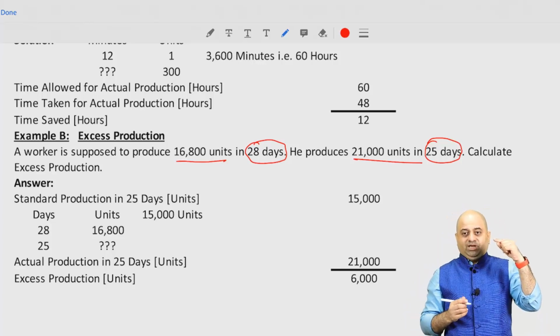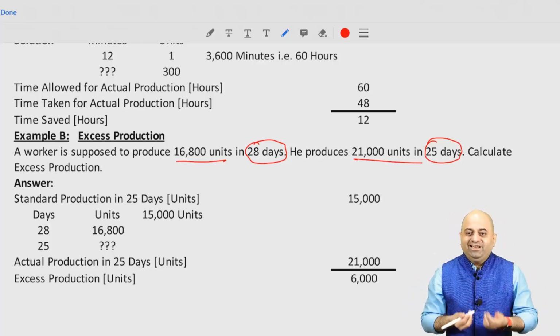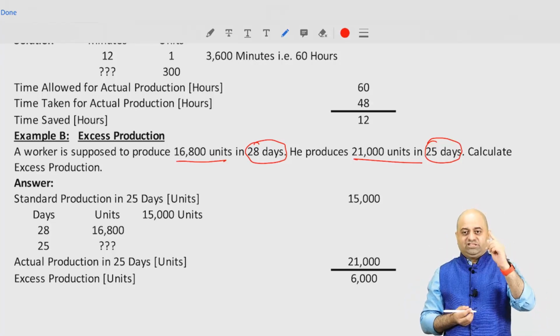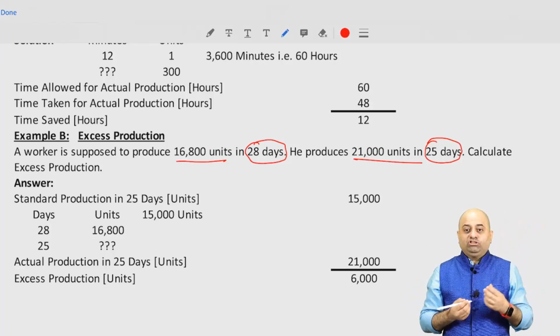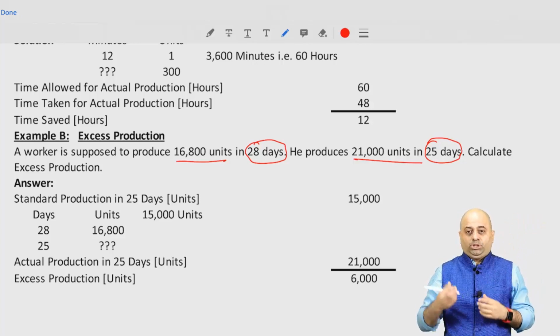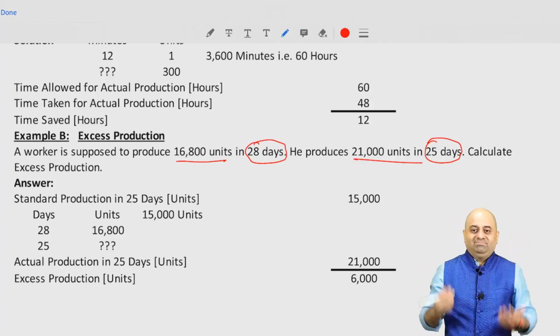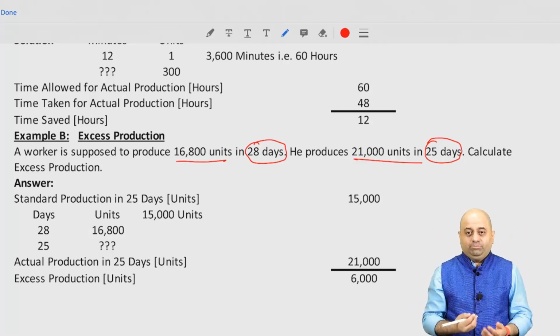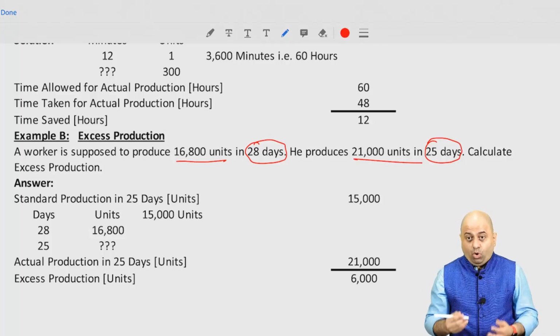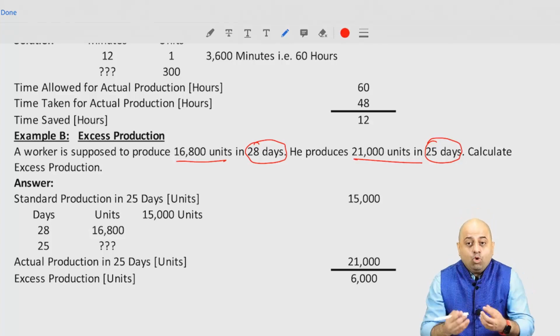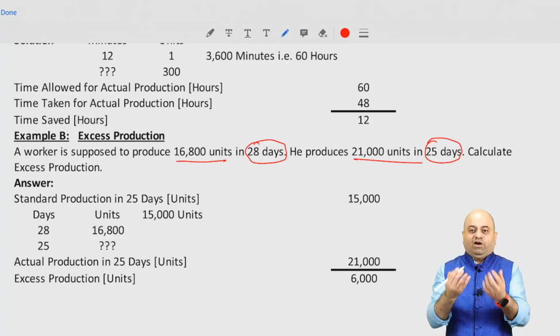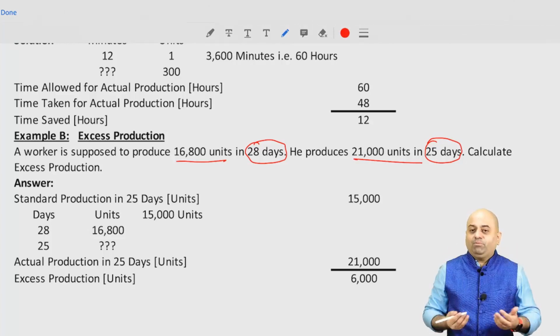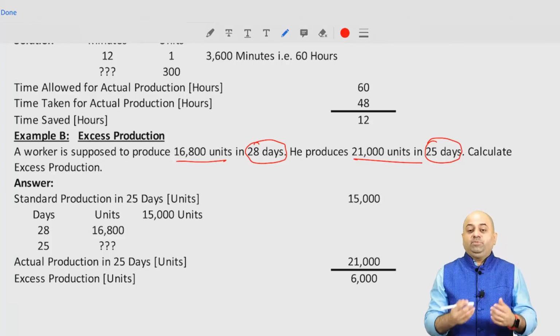In the first example, we made the data comparable on the basis of actual production. In the second example, we made the data comparable on the basis of actual time, that is, the actual number of days. So this is what you need to understand. When you calculate efficiency of the worker, the data must be made comparable, otherwise the efficiency can't be calculated.